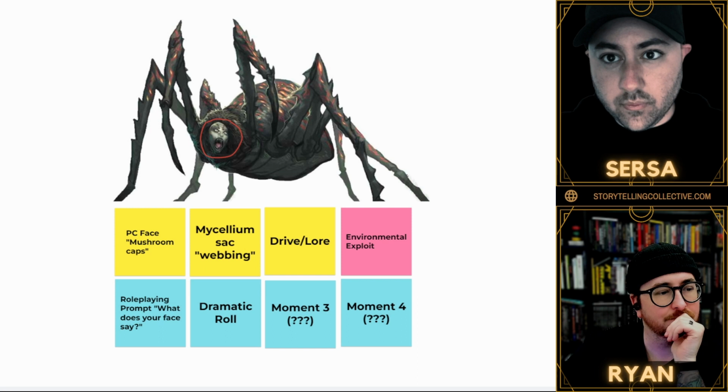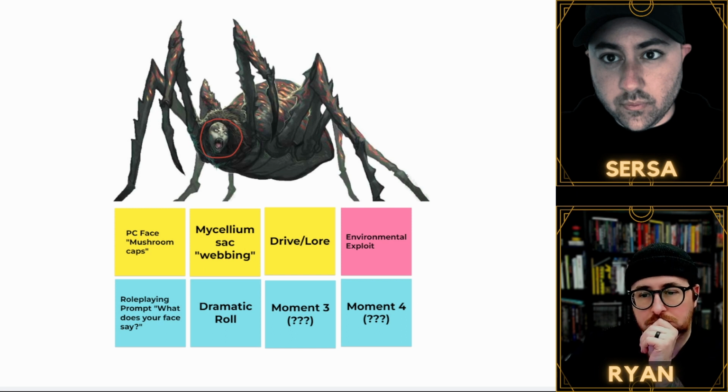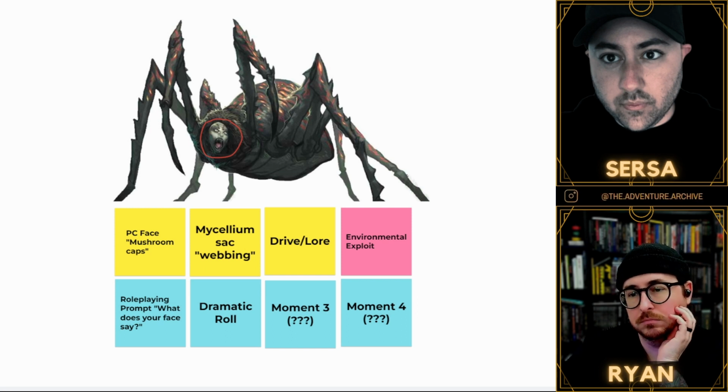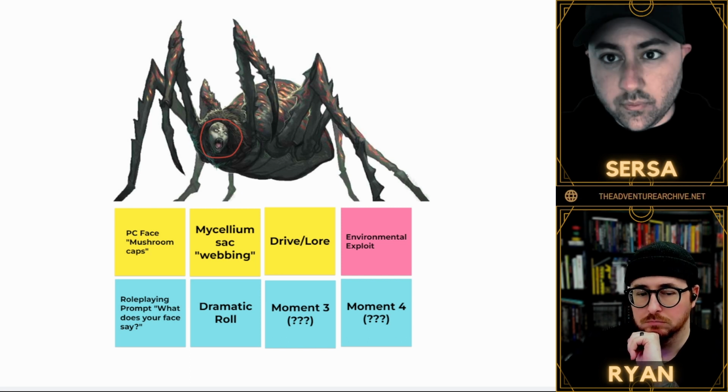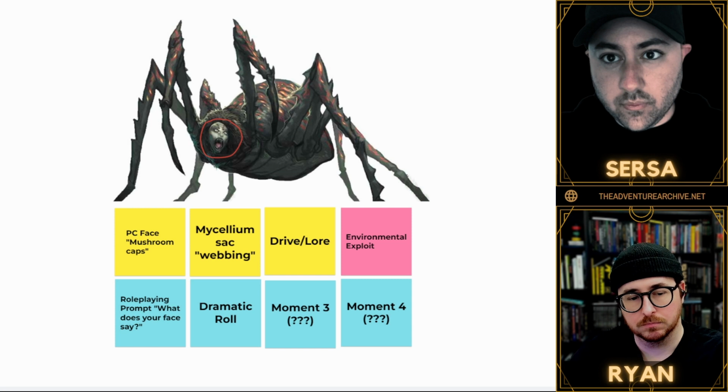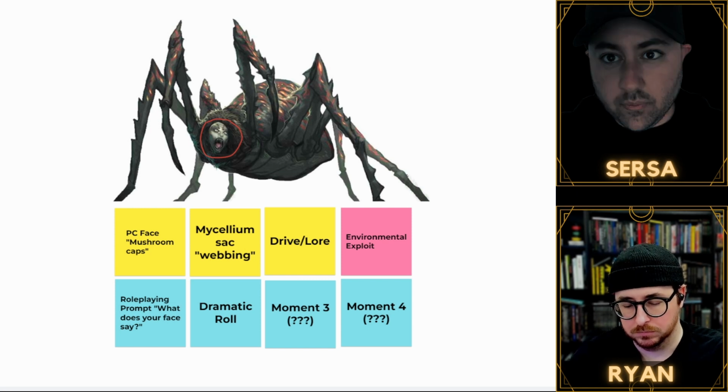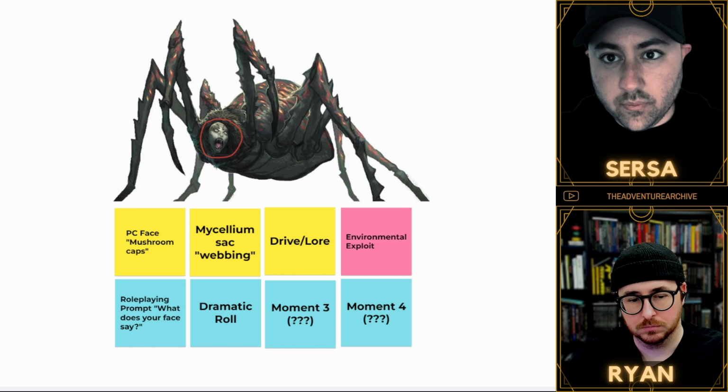So a dramatic roll is exactly what it sounds like. There's some kind of very high stakes dice roll that's part of this power. This roll is made in the open. The players are told the stakes up front so that when you roll the die, they can react to it either with anguish or with cheering. An obvious one would be the recharge roll at the start of the turn.